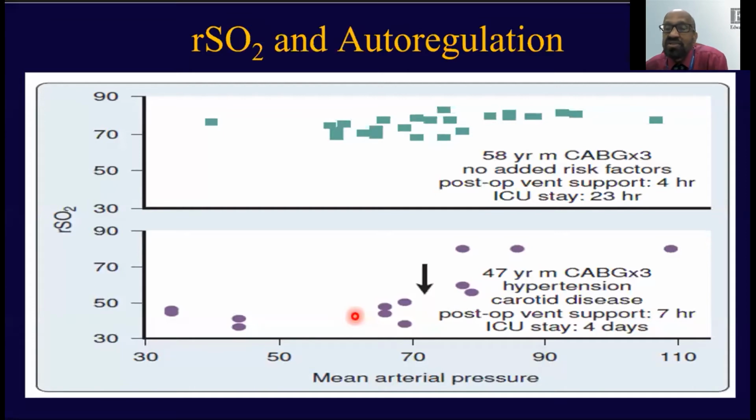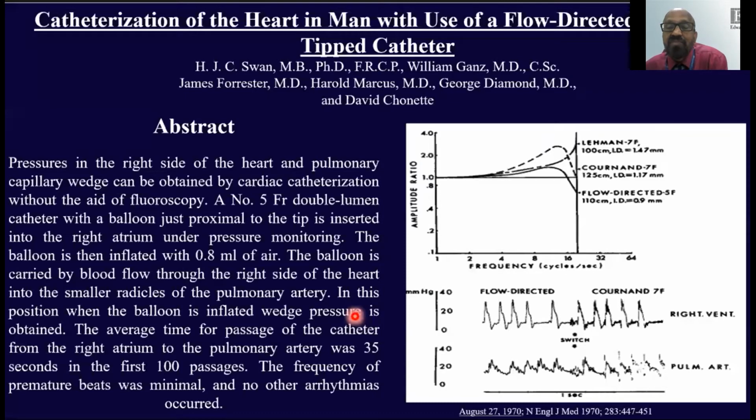This is about autoregulation, and we'll just look into goal-directed therapy, which is the third component of my dealing with this subject of one size does not fit all. The first pulmonary artery catheterization report was done in 1970, and these authors, especially Swan and Ganz, published that they could pass the PA catheter in about 35 seconds in the first 100 cases.